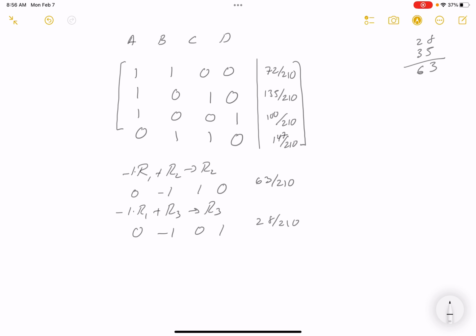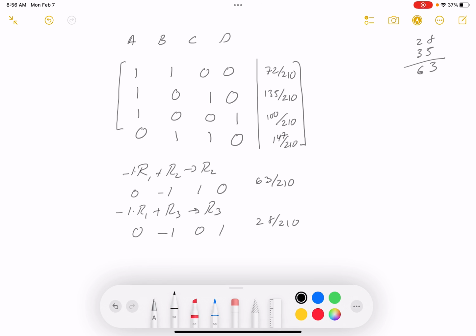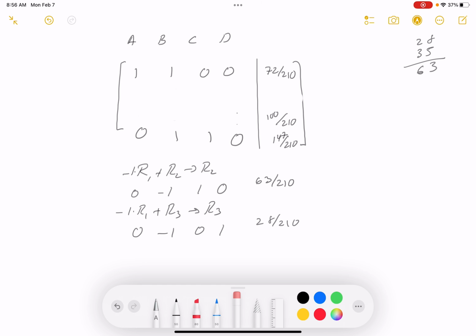Right, I'm going to get my eraser out. Let's hope I didn't make too many mistakes. And I think I'm doing row 2. And I think I'm doing row 3 too, right? And what do you get over here? 0, minus 1, 1, 0, 63 over 210.